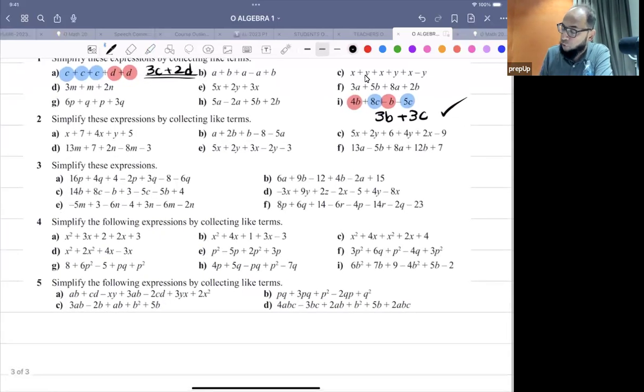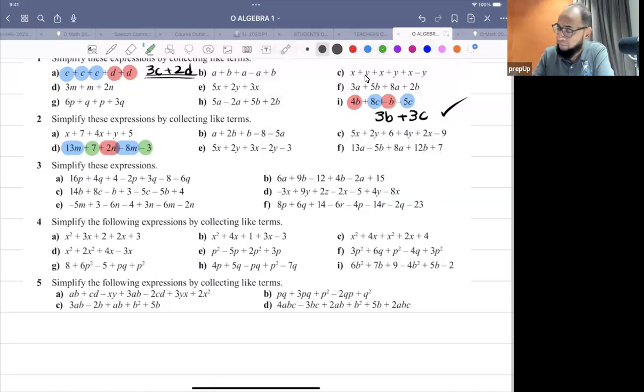Similarly, if I talk about question number 2, and over here there is 13m, there is negative 8m, then there is 2n, and then there is a positive 7 and a negative 3. So now look at the colors. I'll add the blue to the blue, I'll add the green to the green, I'll add the red.